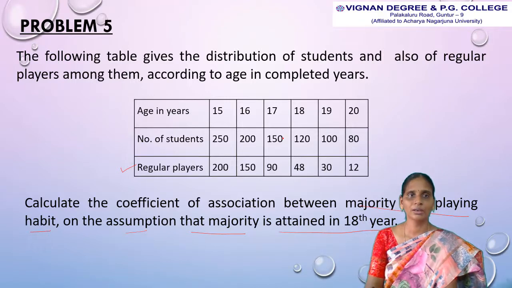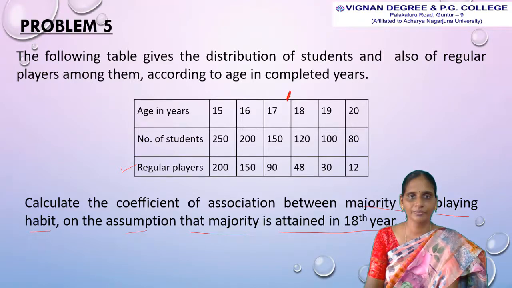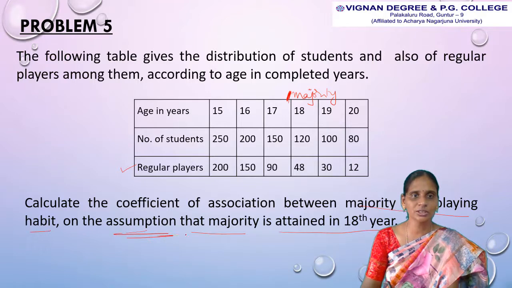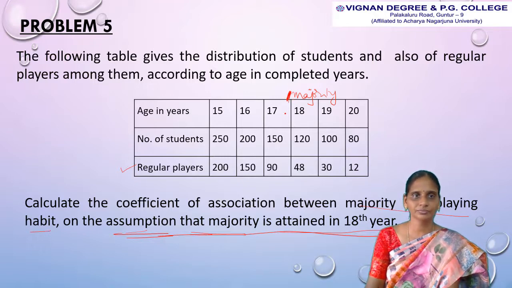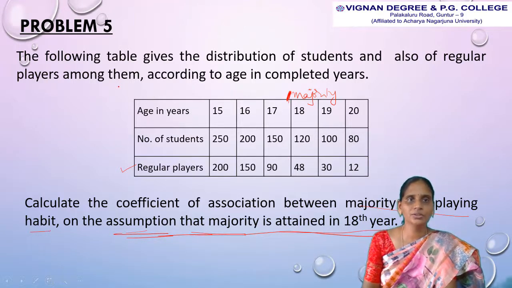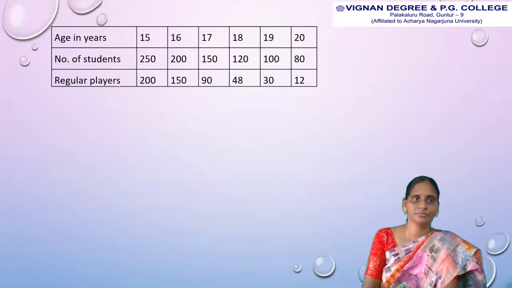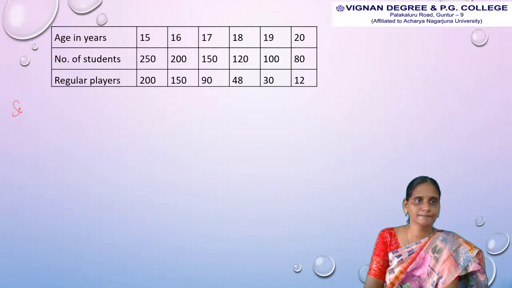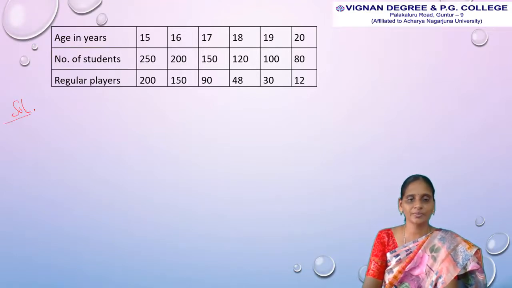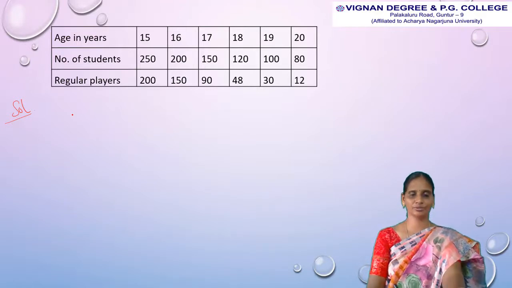So this is the assumption that majority is attained in the 18th year. Now the solution of the given problem is, here we are denoting the attributes.